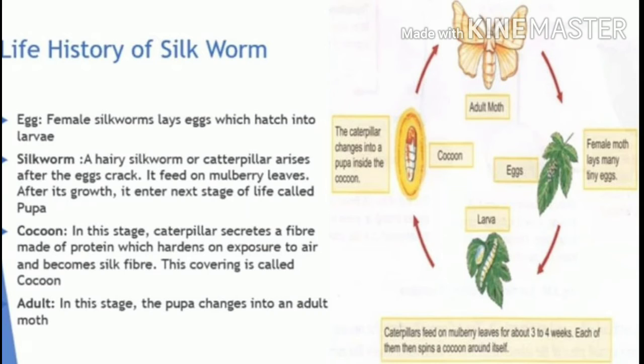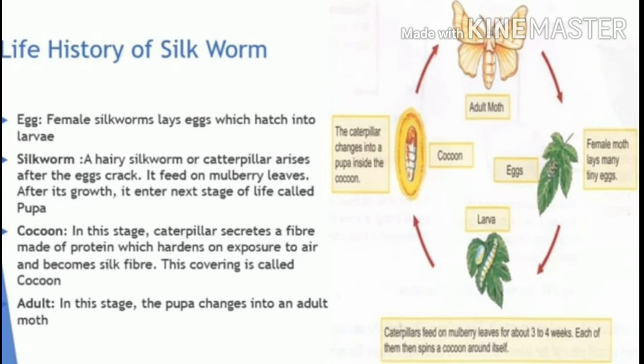I will explain this life history with the diagram. In this diagram, firstly, an adult silk moth releases eggs on a mulberry leaf. These eggs, when mature, hatch out into the second stage of the silk moth, which is known as larva.